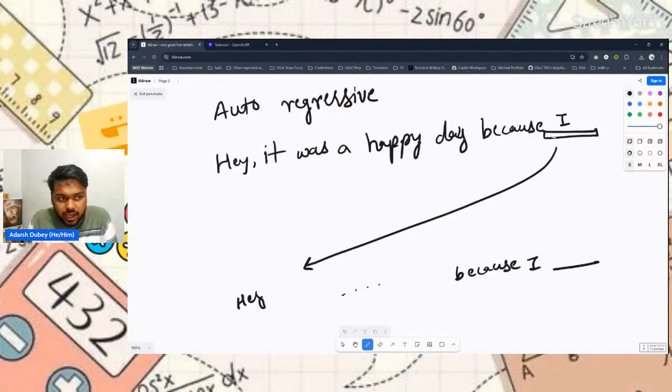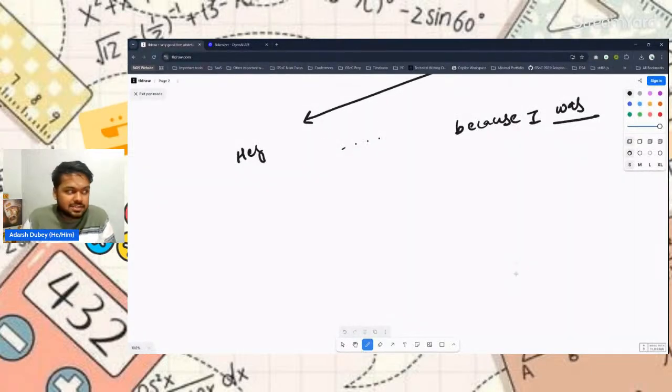So first it predicted "I", and then I asked, okay, now you predicted "I", now predict the next word. So, "Hey, it was a happy day because I", and then I asked, what can be the next word? "Because I was." Now I'll give it the entire sentence again from "hey" till "I was", and I'll ask it to predict the next word.